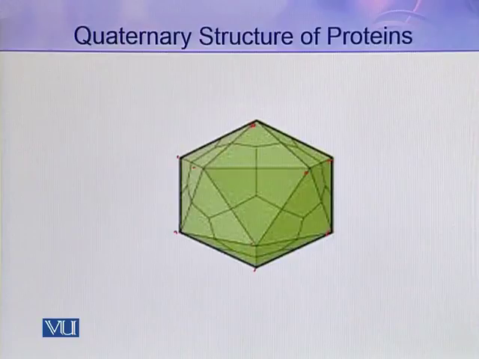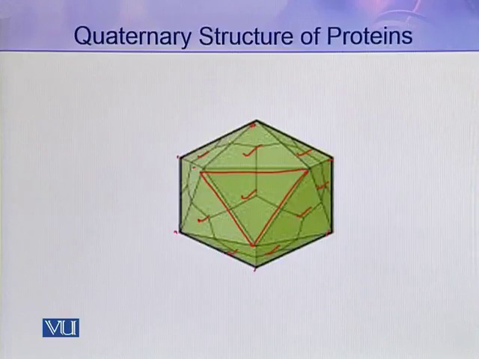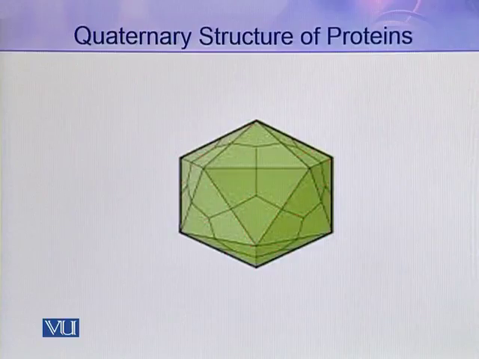There are 12 such corners in this icosahedron, and there are 20 such triangular faces. So like one is this, this. So such 20 faces are present. All these are actually protomers which are arranged in this fashion, and they make an icosahedron. Such types of symmetry are present in bacteriophages, as you have seen in the head of a bacteriophage.